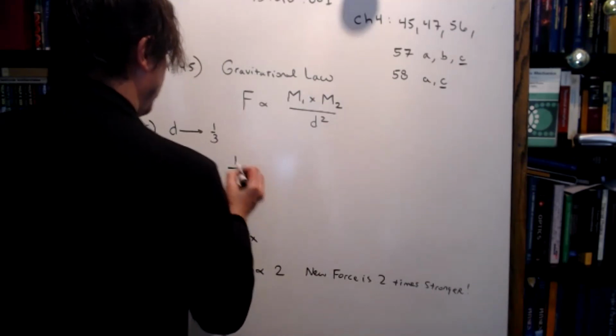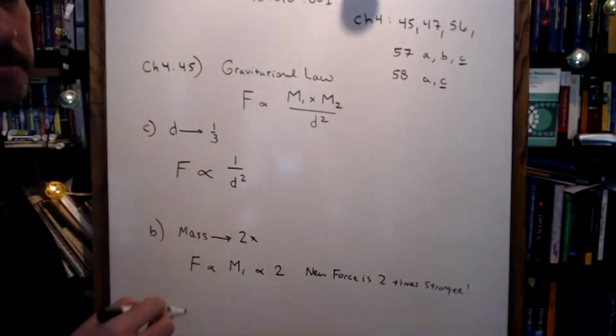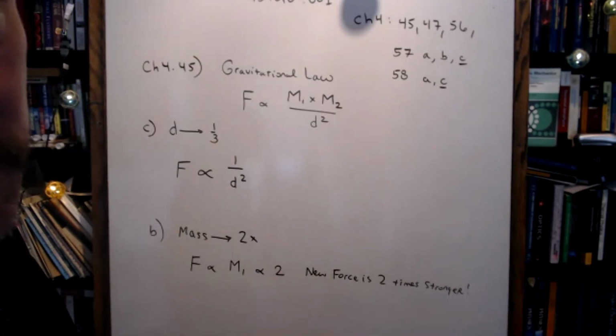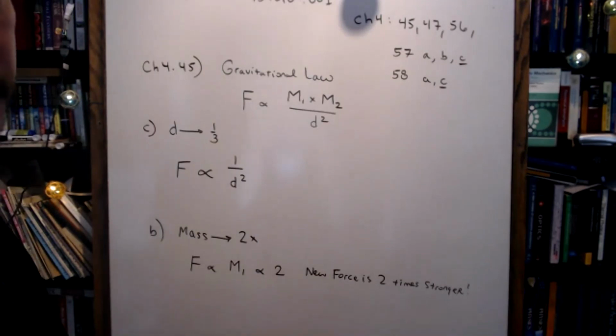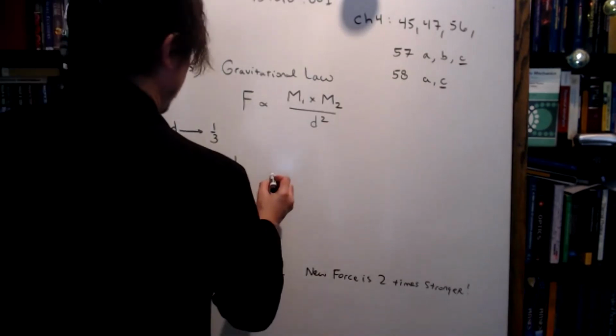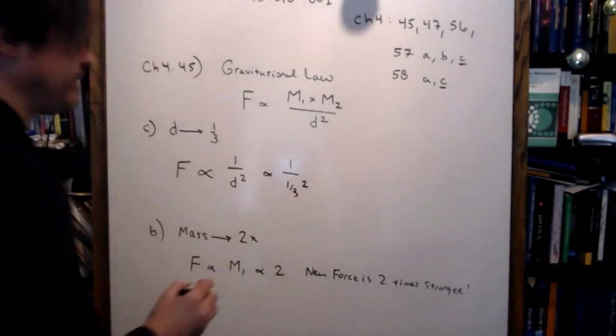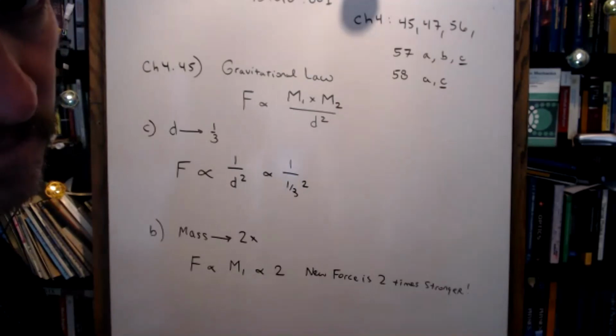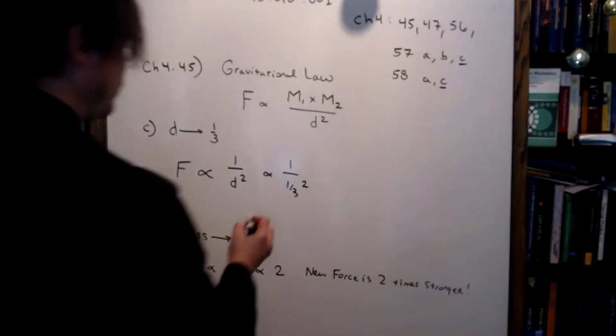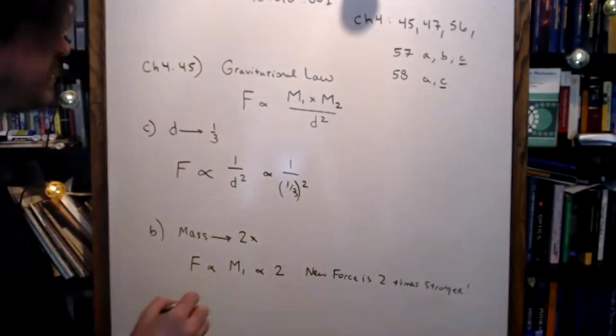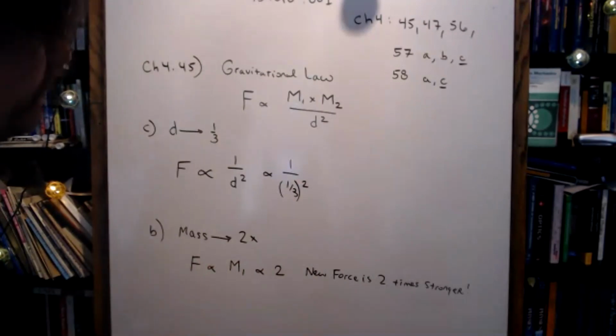Now what do I do? One over 1/3 squared. And what does that work out to? 1 over 1/9. That's right, because you have to distribute the square to both the 1 and to the 3.